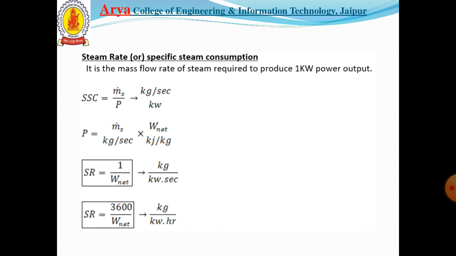P equals mass flow rate ms into W net, where ms is in kg per second and W net is in kilojoule per kg. Therefore the steam rate equals 1 by W net, that is the total work done, in kg per kilowatt second, and SR equals 3600 upon W net, that is kg per kilowatt hour.